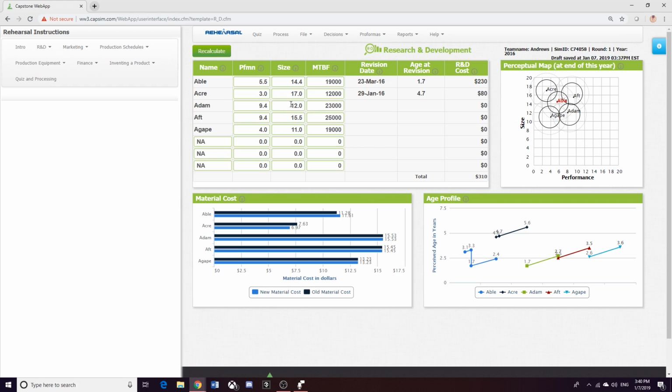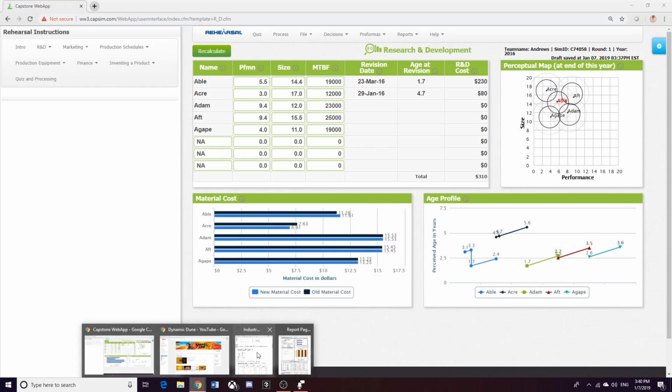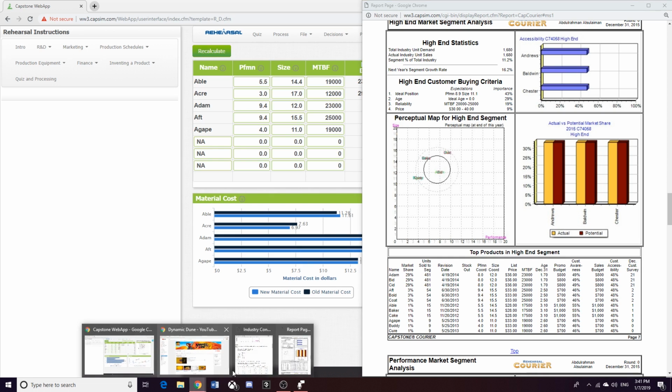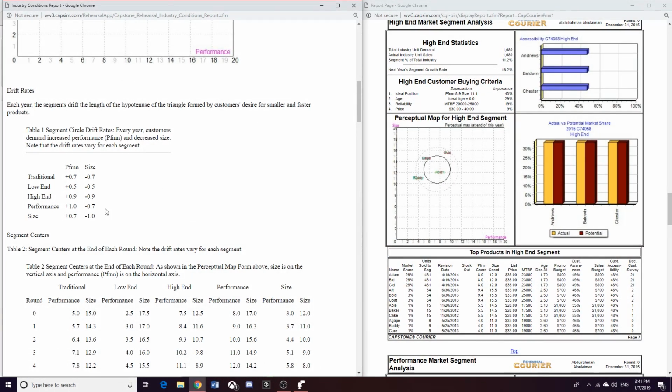And then we say, okay, for size, what is the size that we want for Adam? As you see, the size in here is 11.1. So in the beginning of round 1, customers want a product that is sized at 11.1. So what is the drift for high-end size? It is negative 0.9.